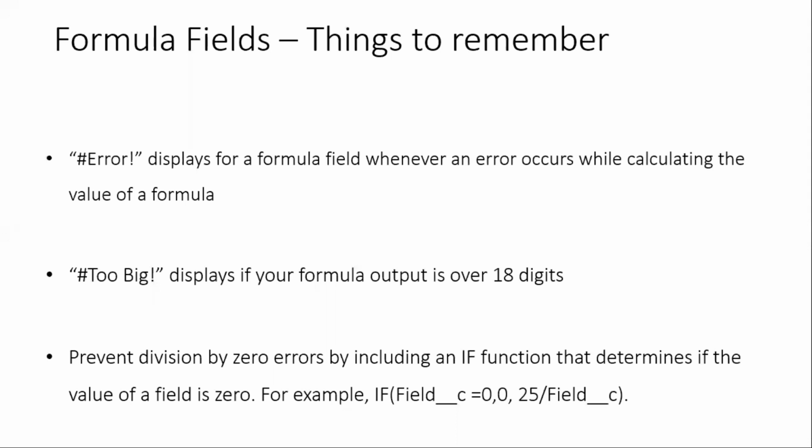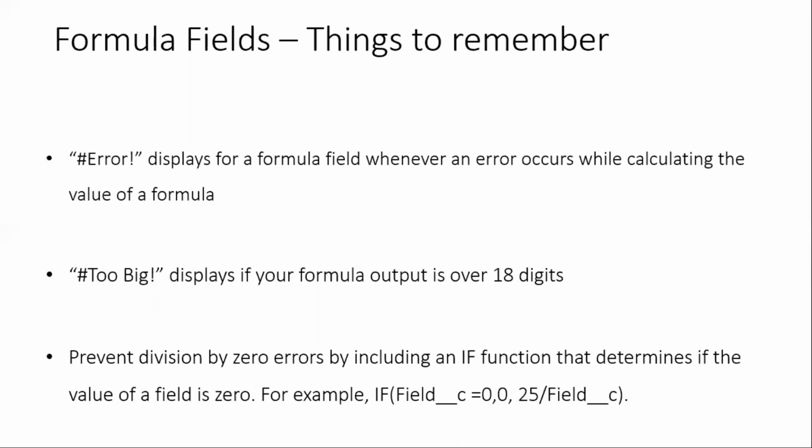Always remember, whenever you are doing any mathematical calculation, let's consider a division, and you're using a field in a division, always make sure you're checking for divide by zero. You can add the if function to determine this. For example, if the field is equal to zero, then simply return zero, else divide using your function. These are the key things we are supposed to remember whenever we create formula fields.